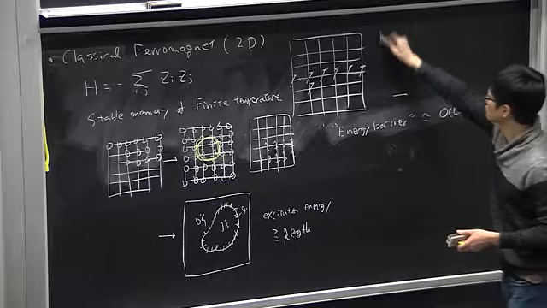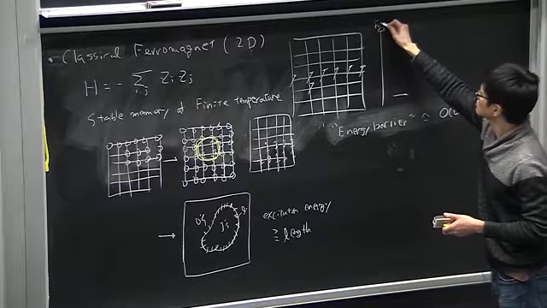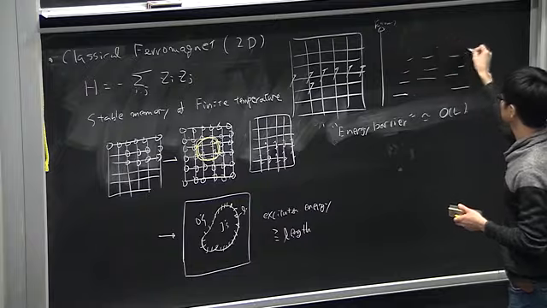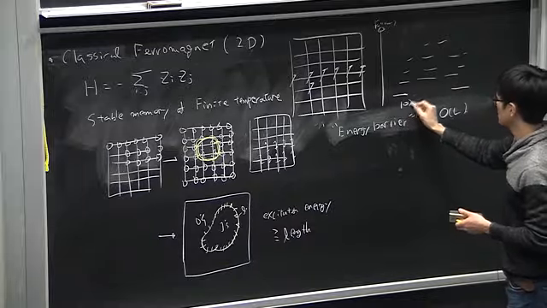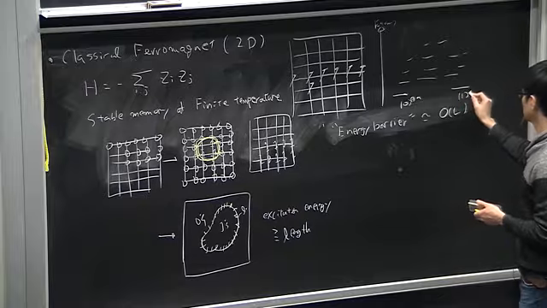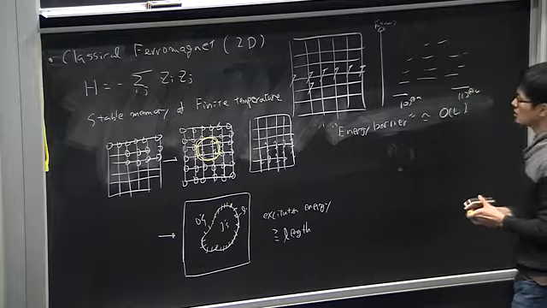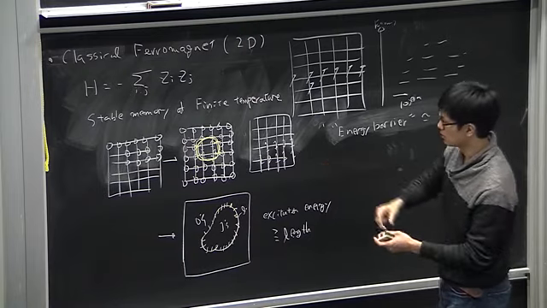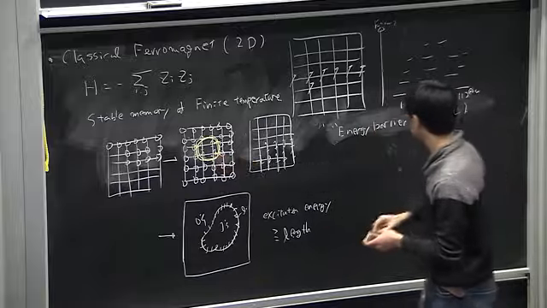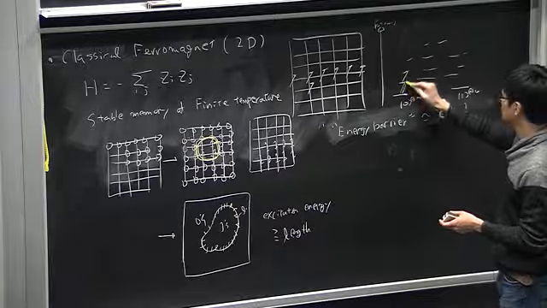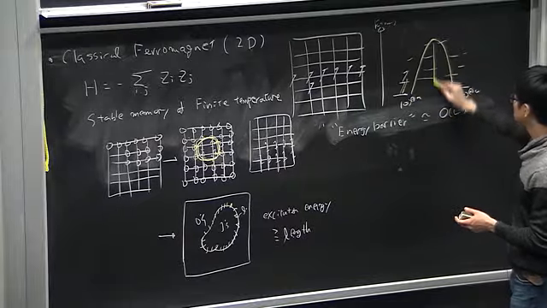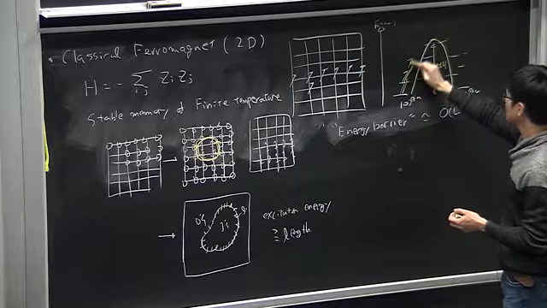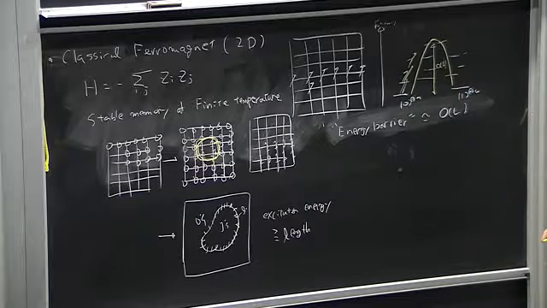But order L energy barrier is very big. So if you have some energy spectrum, then a bunch of excited states. This is the 0 state, and this is the 1 state. Then my thermal environment can couple to my system only locally, so it will flip spins only locally. So it will try to increase the energy a little bit, but there's some hidden large energy barrier, which is order L. Then climbing up this hill is very difficult.